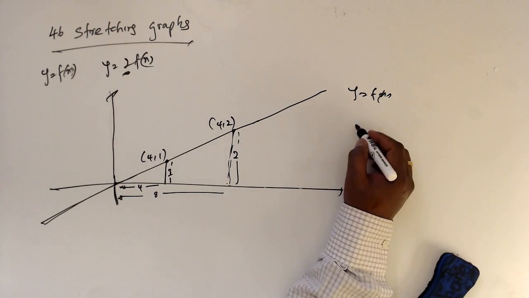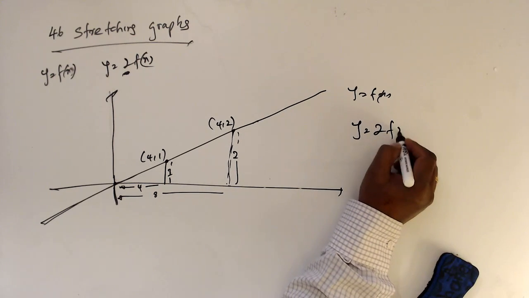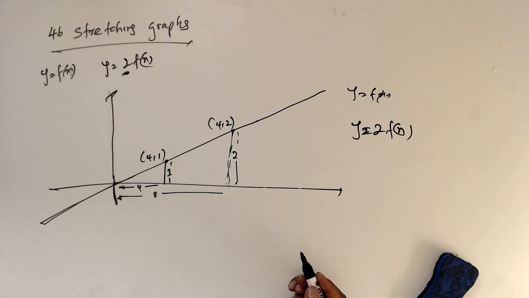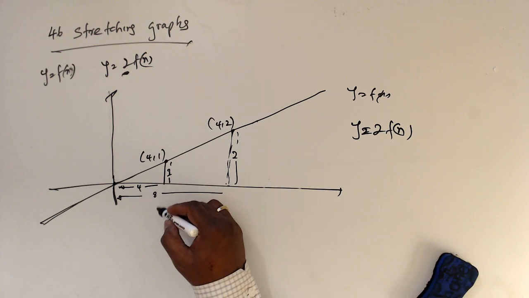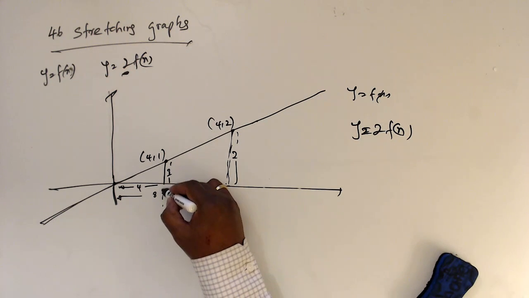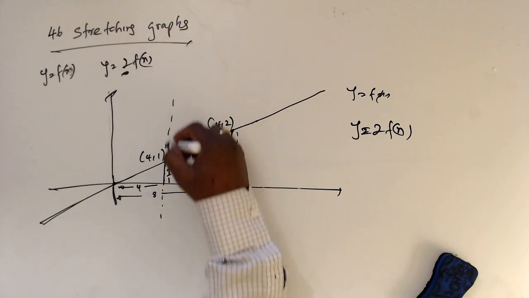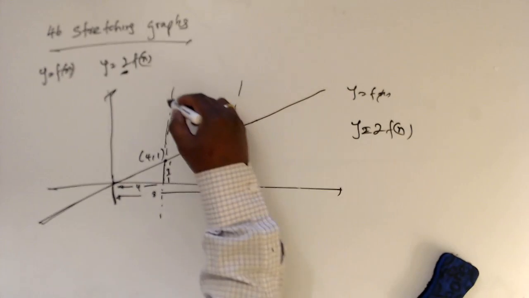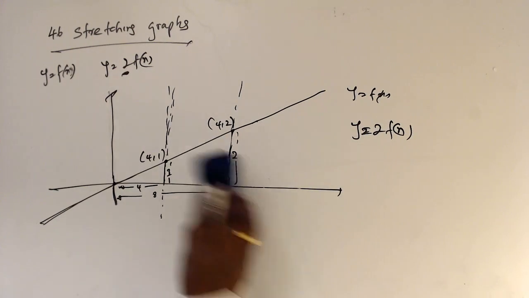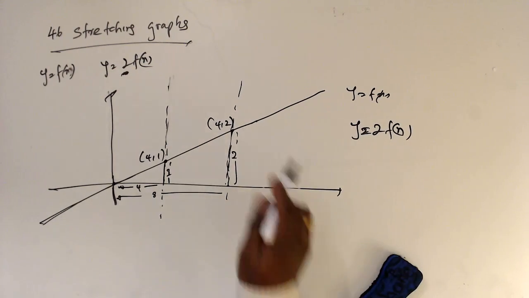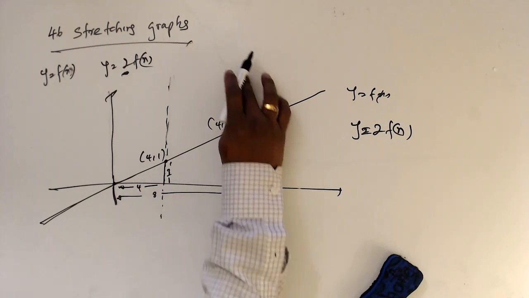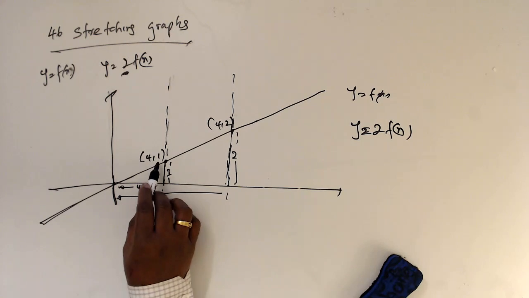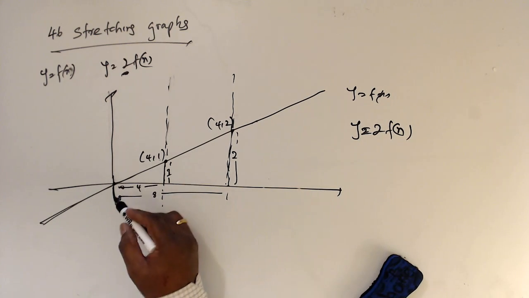Now I want to draw y equal 2f(x). Now what I need to do, keep the x value same, x equal 4, and the y value I have to double.